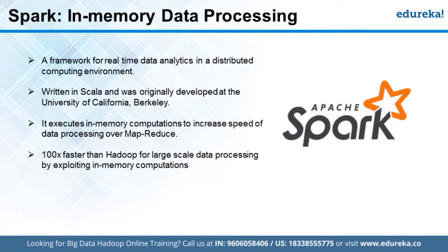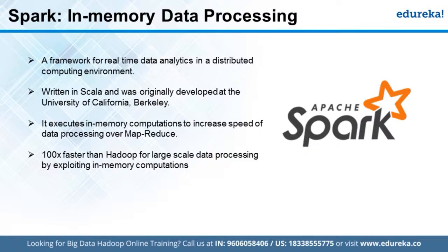And fourth, it's super fast compared to MapReduce because it uses in-memory computation. Spark is written in Scala. So if you want, you can do Spark programming using Scala, Python, and R also. But Scala is the most favorite because Spark itself is written in Scala.